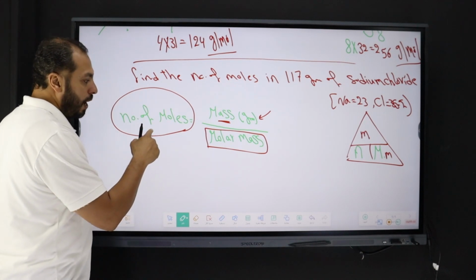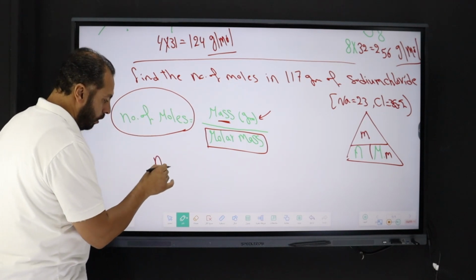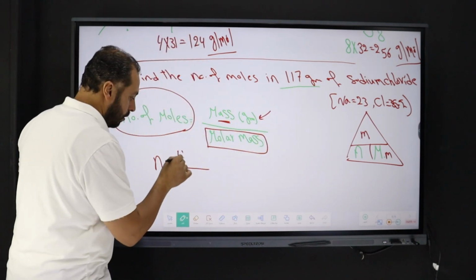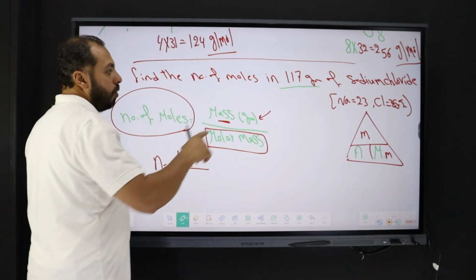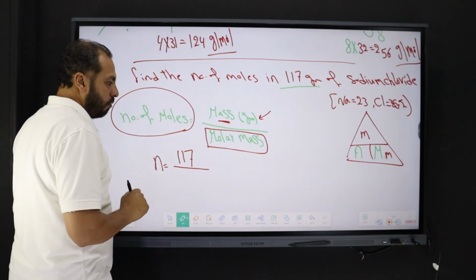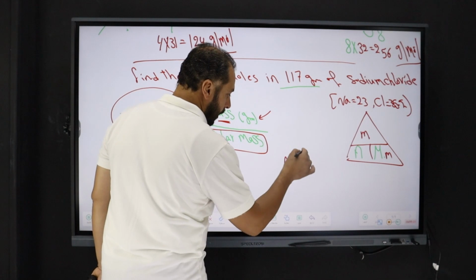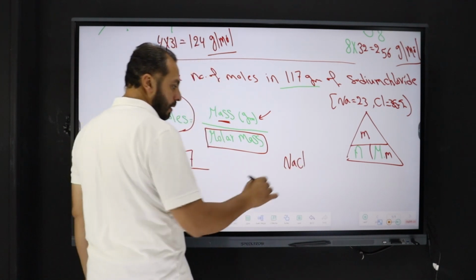We have to find the number of moles. So n equals mass. What about the mass? 117 gram. What about the molar mass? Molar mass of NaCl, we will calculate it. This is the formula of NaCl.